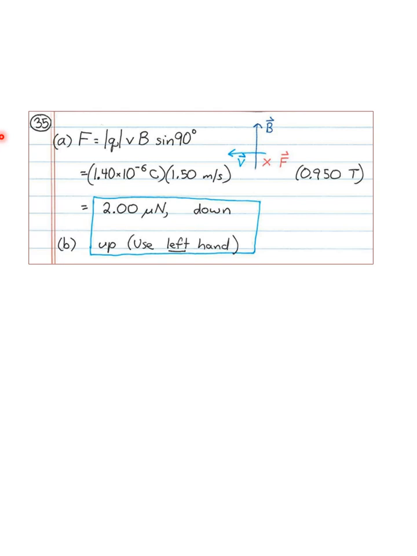Use the equation F equals QVB sine 90 degrees, and that gives you 2 micronewtons, and that's down. For the negative charge, you can use the left hand, or you can just say that it's going to be opposite of the force that would be on a positive charge, so 2.0 micronewtons upward.